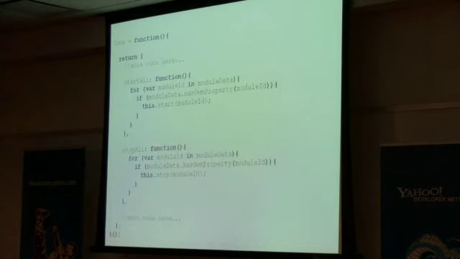It's probably useful to have start all and stop all methods that will go through and start everything that's in the system or stop everything that's in the system. So just a very simple example of how to do that. Go through, pull out each module ID, and go ahead and start it. Same with stop.